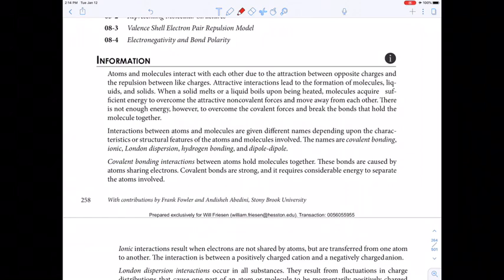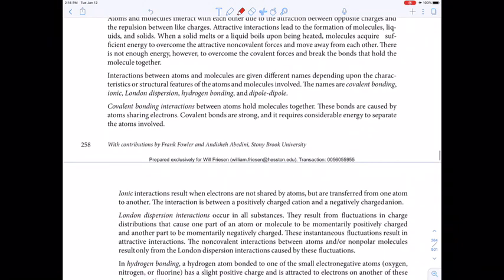So the molecules stay intact, they just are no longer clustered together as closely. Interactions between atoms and molecules are given different names depending upon the characteristics or structural features of the atoms and molecules involved. The names are covalent bonding, ionic, London dispersion, hydrogen bonding, and dipole-dipole.